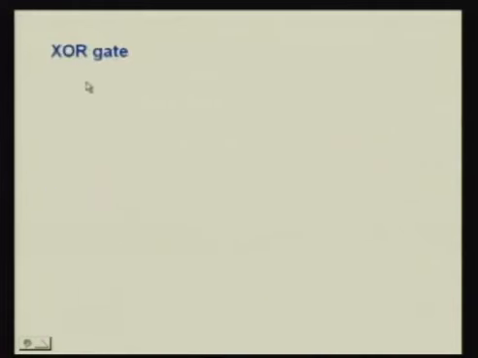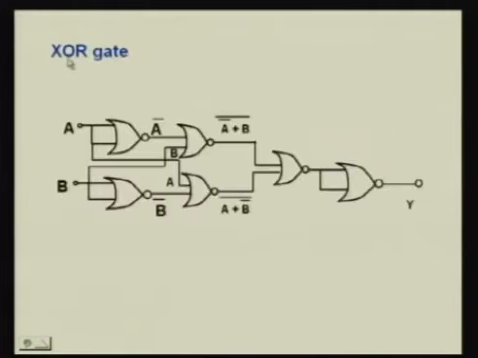Now, how can we realize an XOR gate? Again, this is very simple. I have not written the detail here. For the XOR gate, we need Y equal to A bar B plus A B bar. Again, if we simplify the circuit by taking the double complement of both sides, we can easily get this circuit.